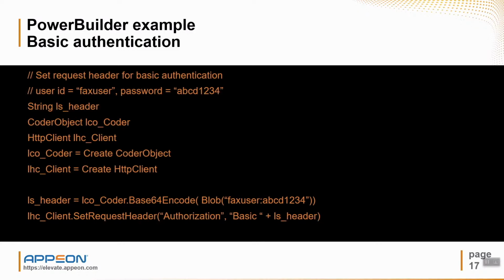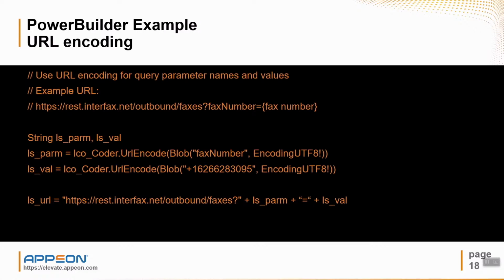Let's look at a PowerBuilder example for sending a fax. This is using basic authentication, and this is our user ID and password. We declare our variables. We're going to use a coder object to do the base 64 encoding, and we're going to use HttpClient to send the request. And let's look at building our URL using URL encoding of the query parameters.